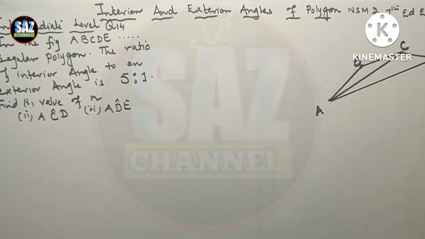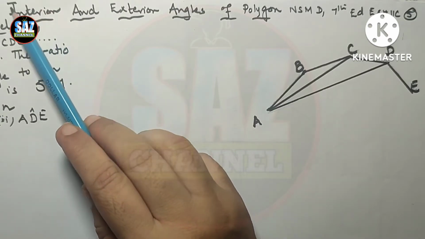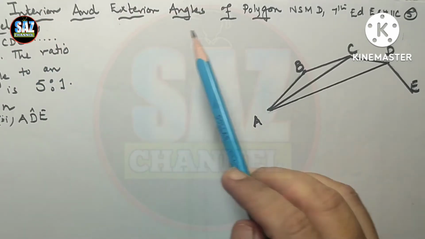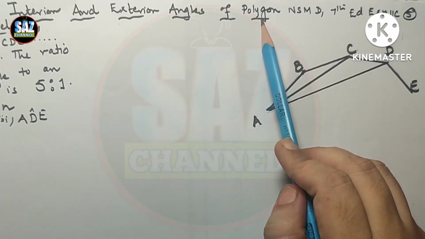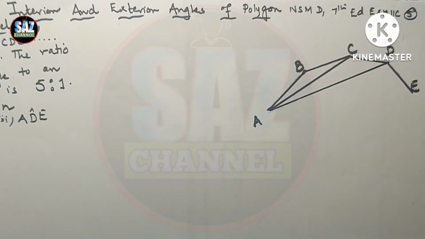Before going to the lesson, there are some important terms: what are interior angles, what are exterior angles, and what is a polygon. You should have a clear understanding of the formula for the sum of interior angles of a regular polygon.